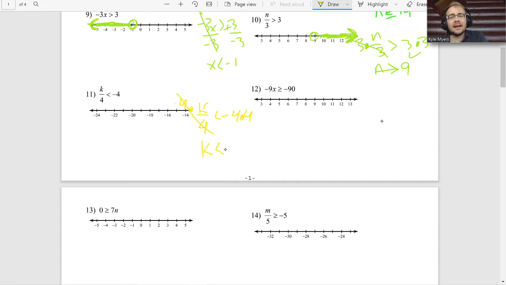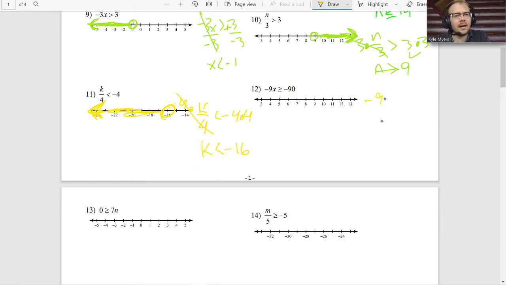Therefore, I do not need to flip the sign. You only flip it if you multiply or divide both sides by a negative. So k less than negative 16. Here's negative 16. Open circle. And less than shades left.